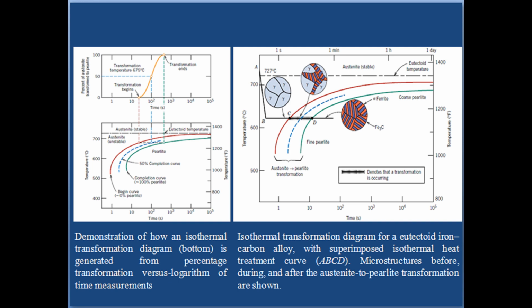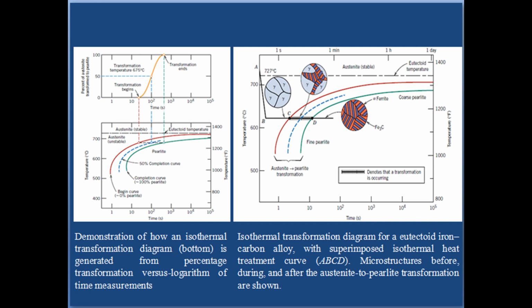According to the theory of transformation, the transformation rate at some particular temperature is inversely proportional to the time required for the reaction to proceed to 50% completion. That is, the shorter this time, the higher is the rate.